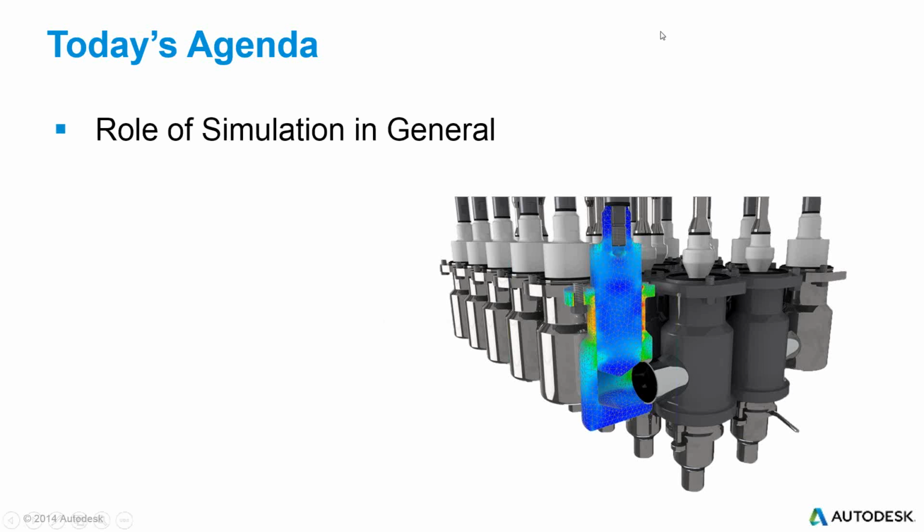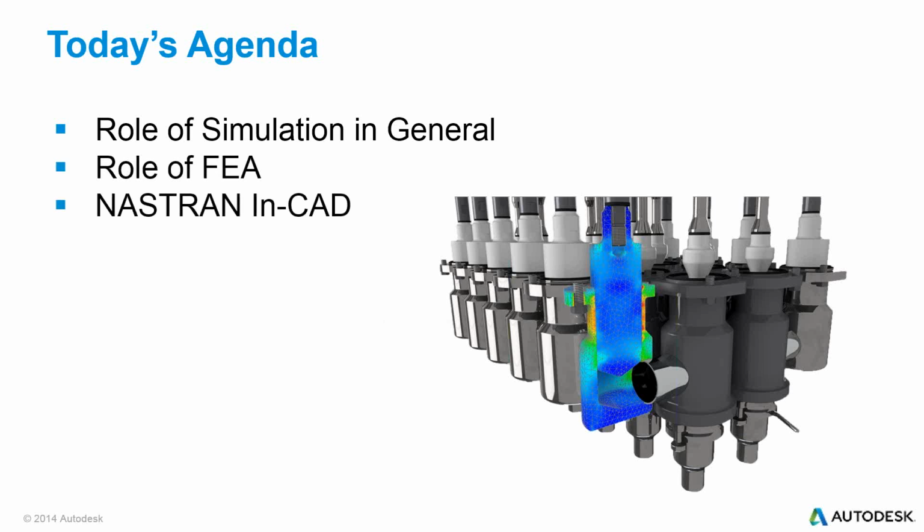We're going to take a quick look at the role of simulation in general in the design process, and then dive a little specifically into FEA, a little farther into where Nastran In-CAD comes into play in that, and look specifically at thermal analysis and what Nastran In-CAD brings to us Inventor users along those lines, and then a bit of a wrap-up. So that's the general plot I'm looking to follow during the course of the next hour.